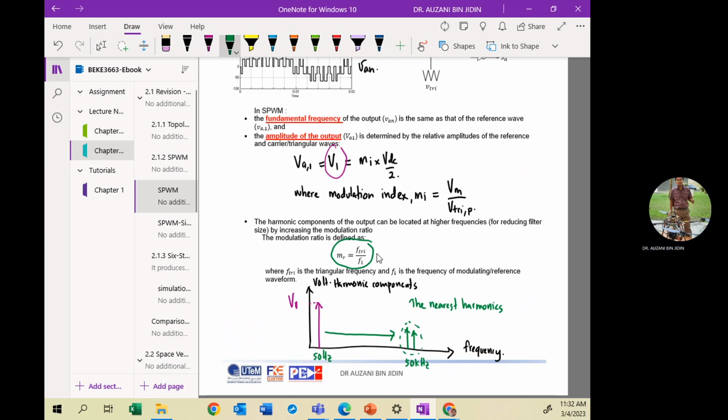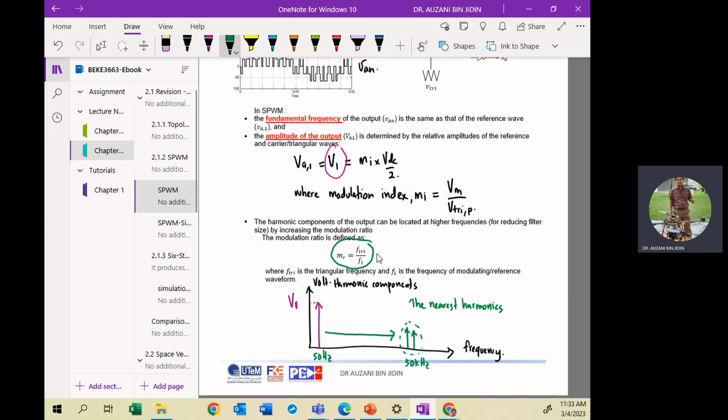So what is the reason you set the nearest harmonic at high frequencies? Can anyone give the answer? Okay, because you want to reduce the size of the filter.